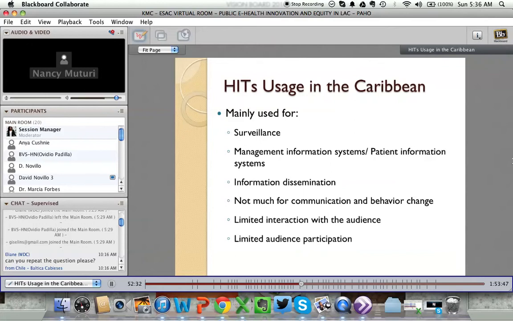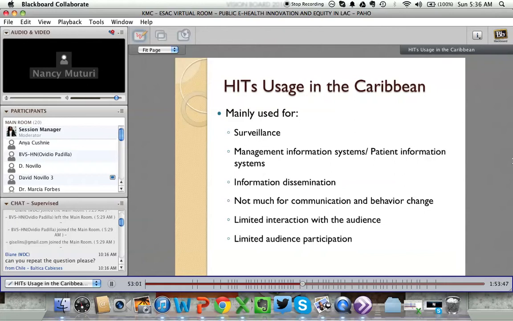But at the same time, they're also being used for medical surveillance. They have also been extensively used in managing information systems, particularly in patient information systems. That has been established over recent years, and many more healthcare organizations are moving in that direction. Information dissemination has been there.